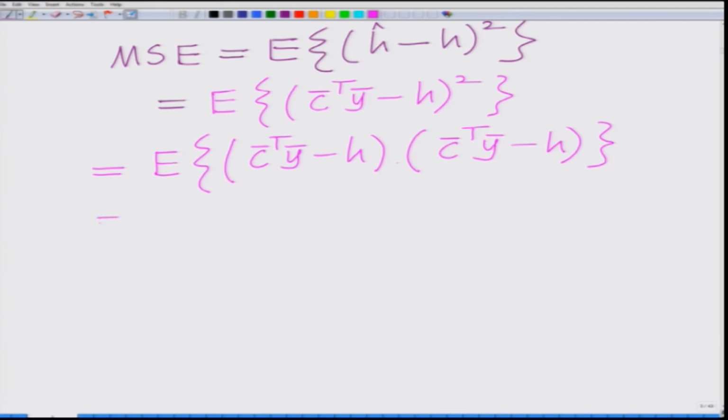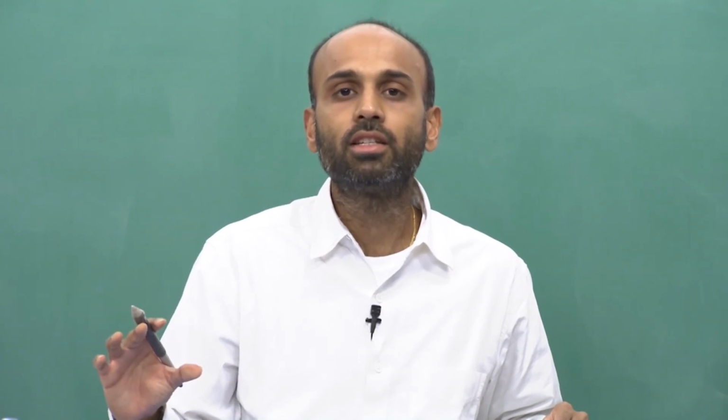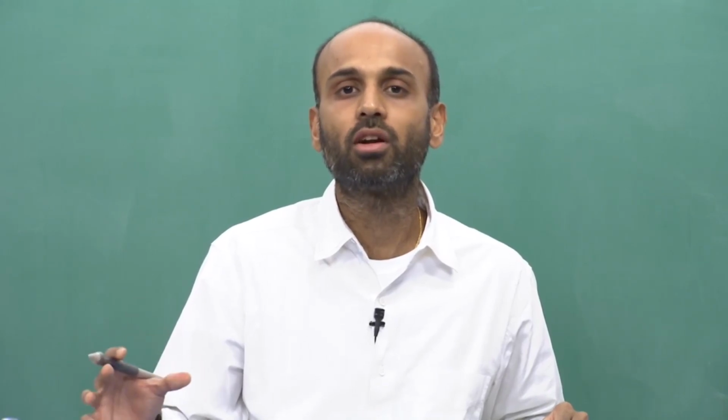So, the square is simply the quantity times itself, and now I am going to use a property: since C bar transpose y bar minus H is a scalar quantity, that is, a number, it is equal to its transpose.